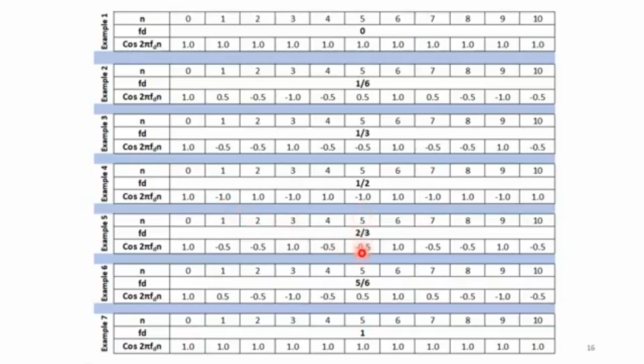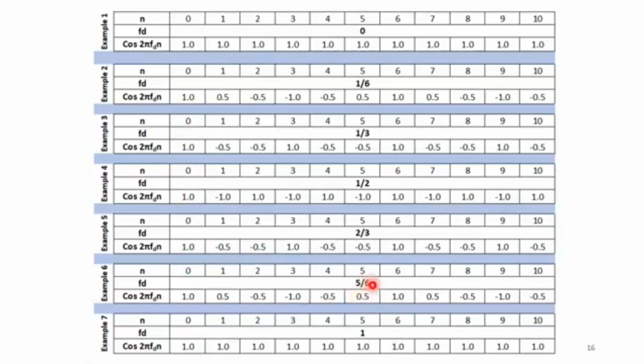And the interesting observation is, as we move further, the frequency is further increased to 2 by 3, then the rate of oscillation is decreased. It's 1, minus 0.5, minus 0.5, similar to what happened at 1 upon 3.